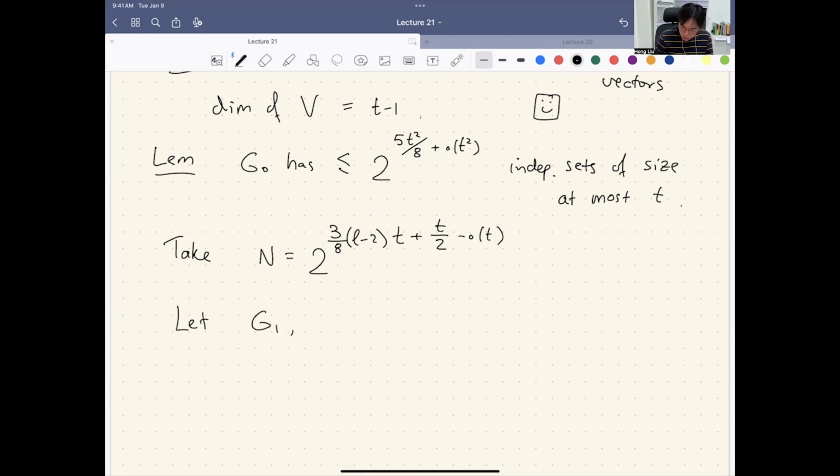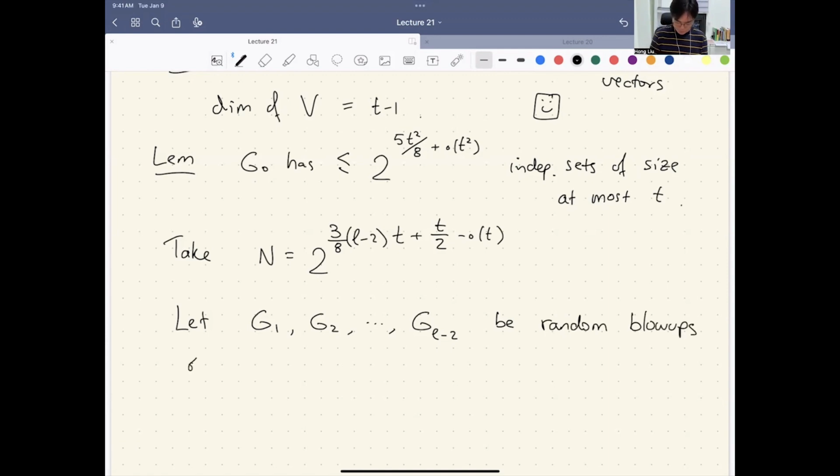Let G1, G2, up to GL minus 2 be random blow ups, M vertex random blow ups of G0.